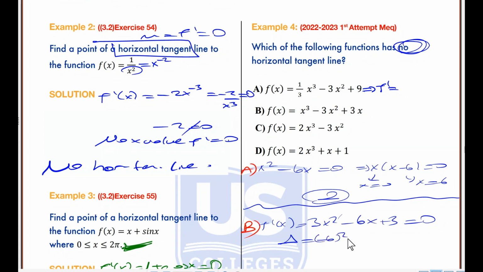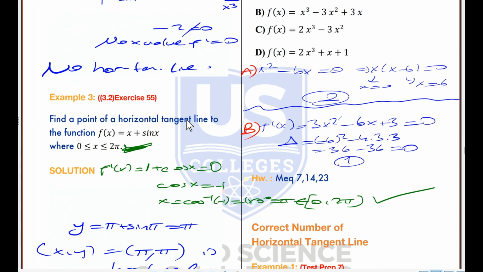Negative 6 squared minus 4 times a, 3, times c, 3. 6 squared, 36, minus 4 times 3 times 3, 9. 9 times 4, 36, which is 0. Discriminant being 0 means there is one horizontal tangent line. There is one solution. Okay, check the other options.